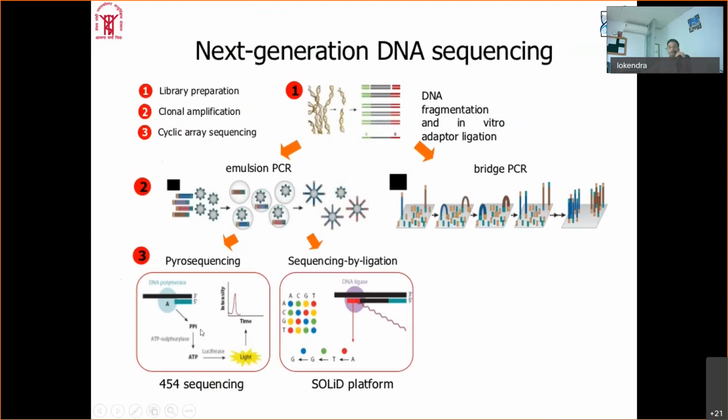This pyrophosphate is then used by an additional enzyme, ATP sulfurylase, which makes ATP, and this ATP is utilized by luciferase and releases light. So every time there is an addition of a nucleotide, it is detected by the release of pyrophosphate, which is utilized by another enzyme system and gives rise to a small peak. So that is pyrosequencing.